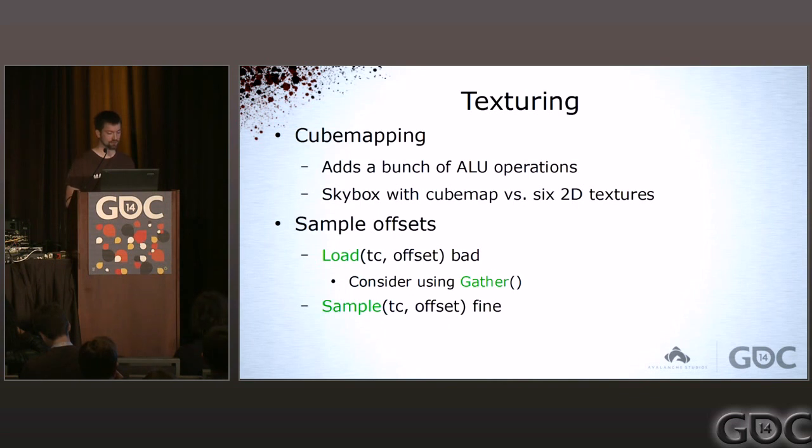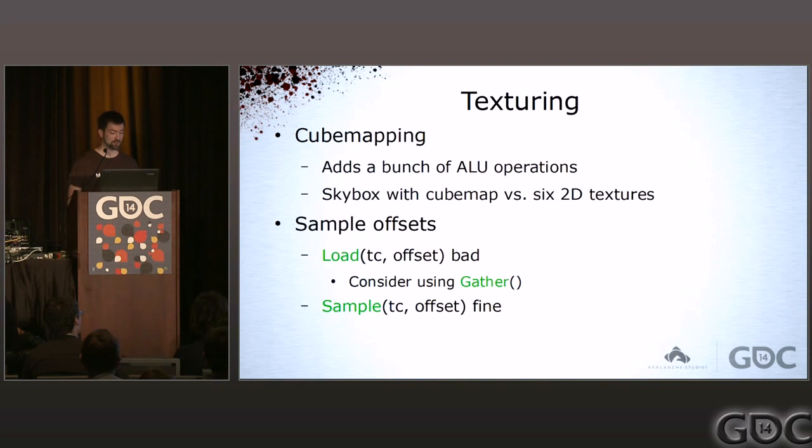If you've used sample offsets on texture instructions, in the past you might have used this on the load instruction. This is not optimal for the GCN architecture because it's not baked into the instruction anymore. Previous generations had it baked into the instruction, but now it's not. So it's actually doing that offset by doing a bunch of ALU work: adding that offset, doing a sample, adding another offset, doing a sample, and so on.